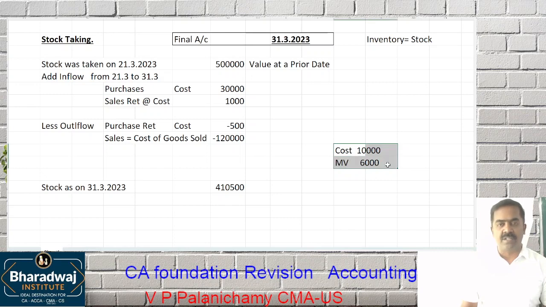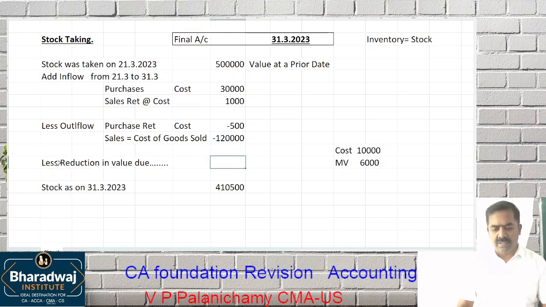So how much is reduced here? 4,000 is reduced. So you'll show a reduction in value due to reduction in market price. Please remember the stock is already included at cost 10,000, but we have to value it at 6,000. Do you adjust for 10,000 or 6,000? No. You adjust for the reduction in value.